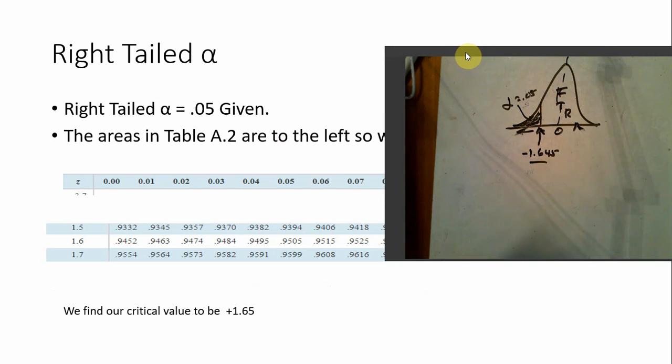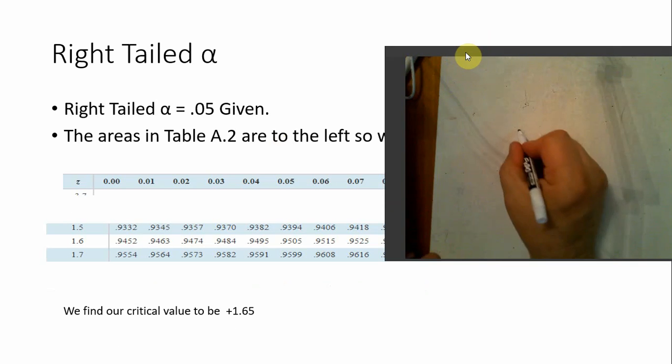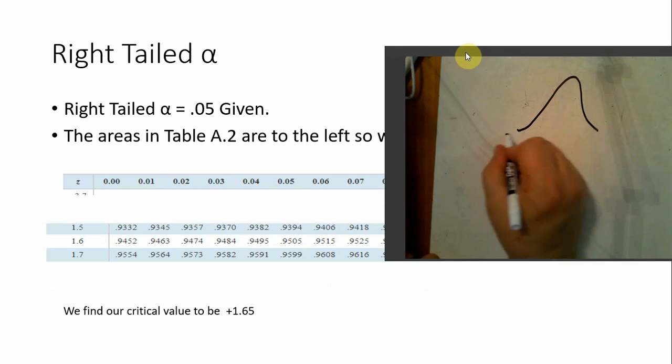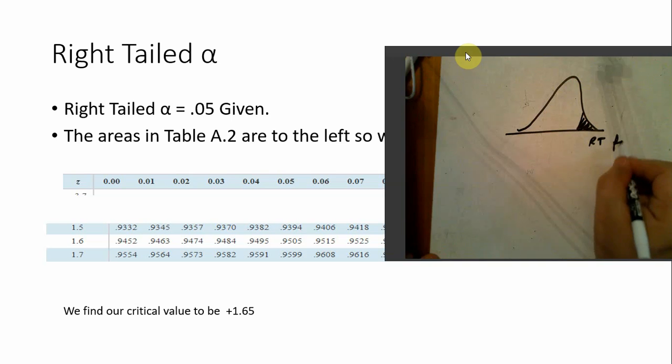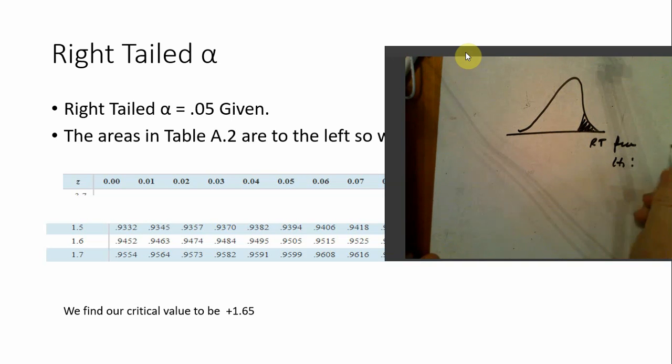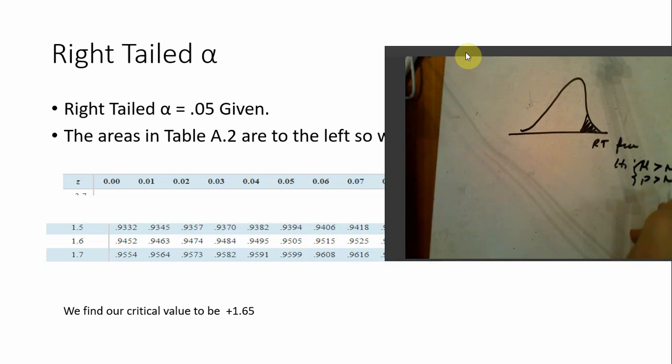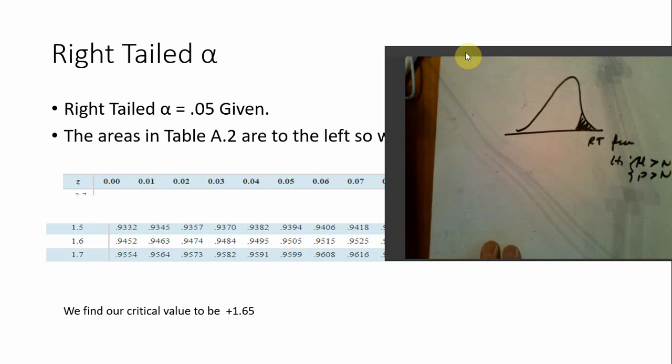What about a right-tailed? We'll just do the picture over again. Here's my bell-shaped curve. There's my right-tailed. So from H1 being something like mu or p being greater than some number, then that means we're going to do a right-tail test.